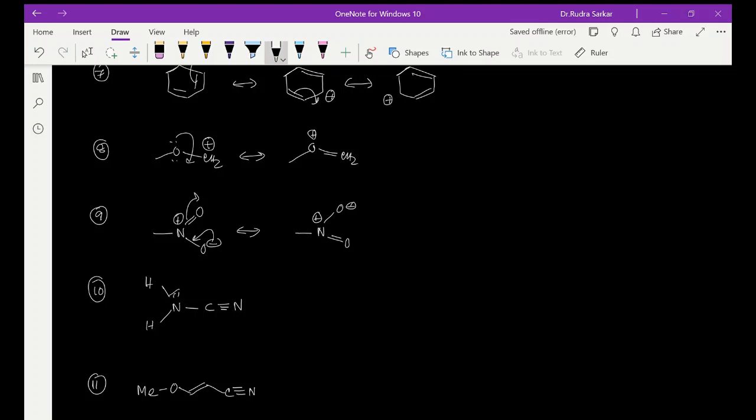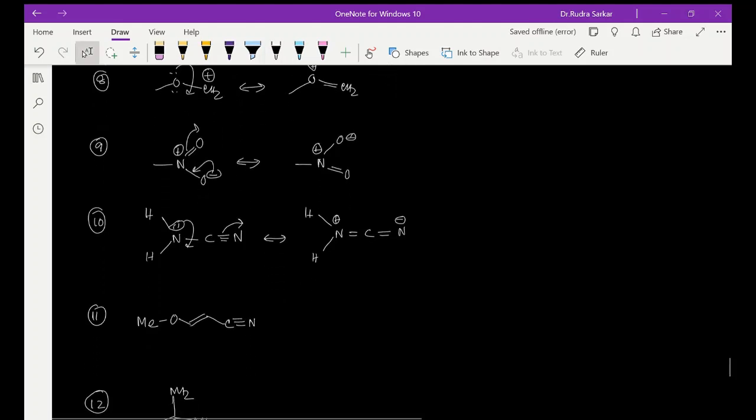Here there is a pi bond and there is a lone pair here, so the lone pair gets donated, the pi bond will eventually break, and the resonating structure that we will get will be as follows. There is a lone pair, so the lone pair gets donated, which means the pi bond electron breaks and comes here.